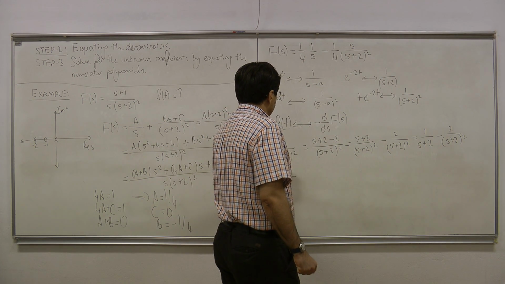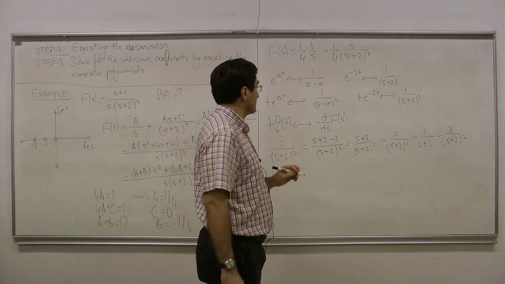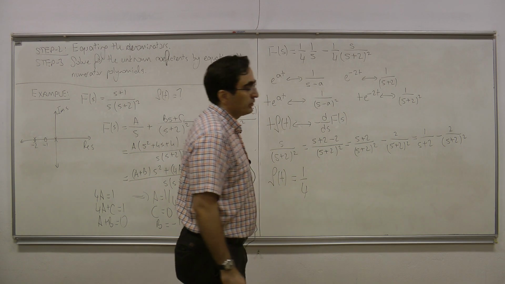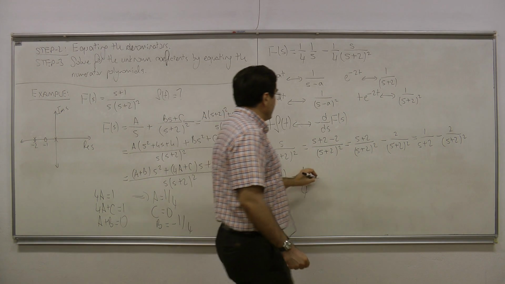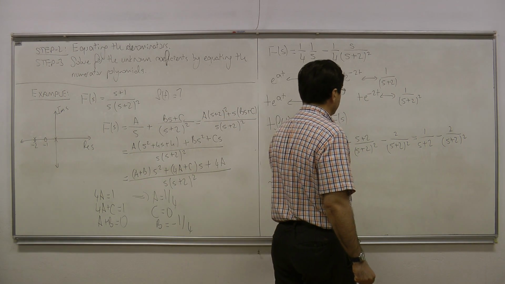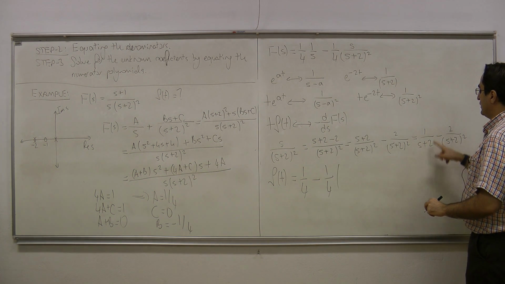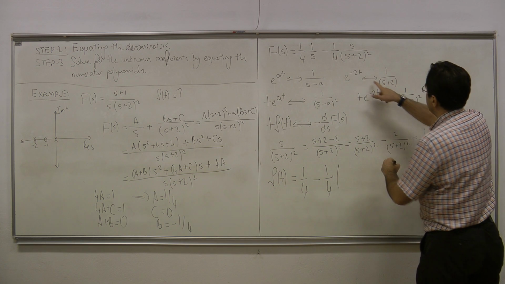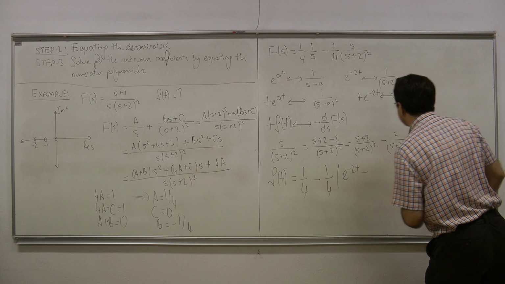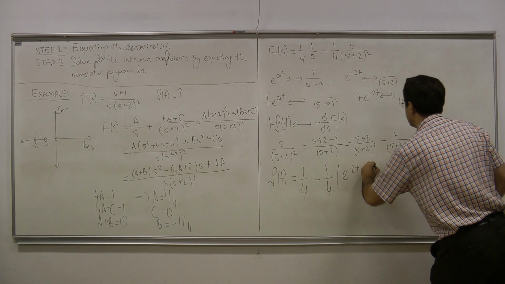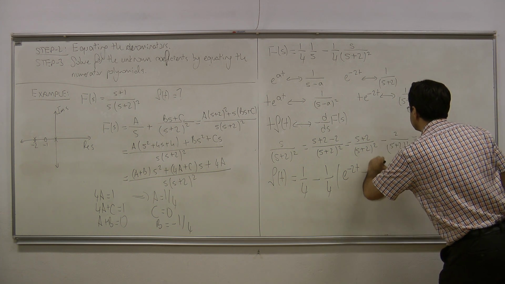f of t is going to be 1 over 4 times the inverse Laplace transformation of 1 over s. This is just going to be a constant term, the unit step function. And I have minus 1 over 4 here, and the inverse Laplace transformation of this thing, 1 over s plus 2, is e to the minus 2t, and minus 2 times 1 over s plus 2 squared is t e to the minus 2t.